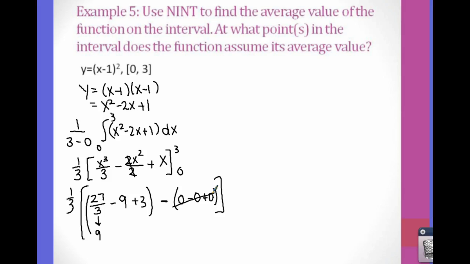So again, 9 minus 9 is 0, 0 plus 3 is 3, so you get 3 times 1/3.